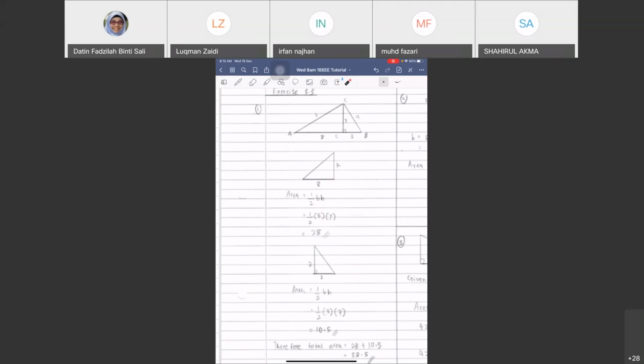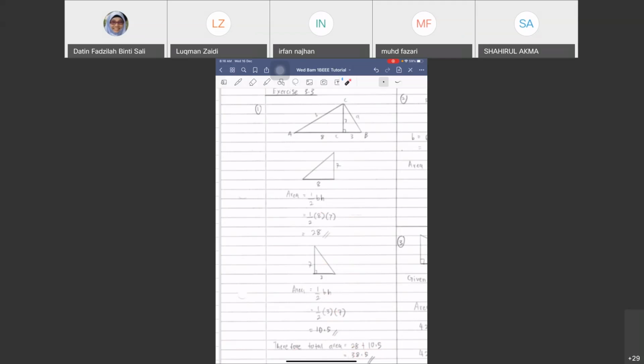If you do that for the bigger triangle, you get 28. Then for the smaller triangle, your friend also used half times base times height, computed that, and added these two, which gives 38.5. This one is correct.